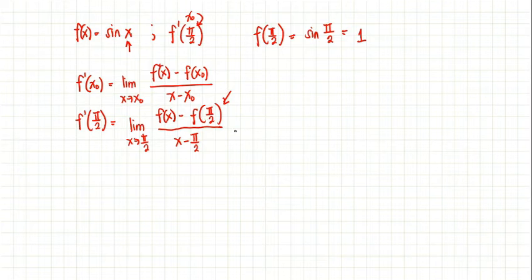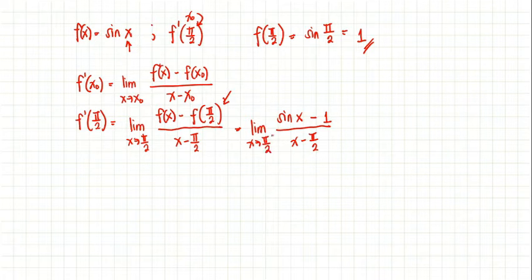So therefore, this will become the limit of f of x, which is sine x, our function. So we have sine x minus f of pi over 2. We have computed that to be 1, so it is sine x minus 1 all over x minus pi over 2 as x approaches pi over 2.